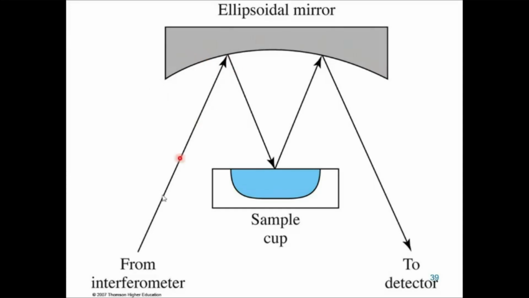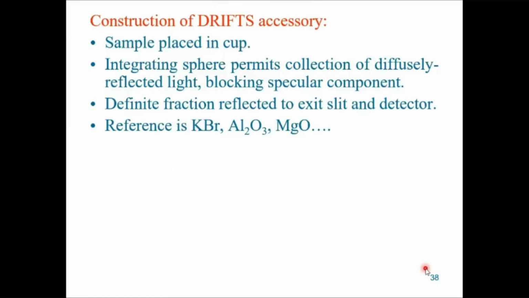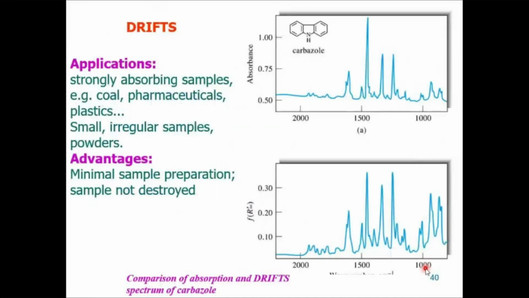So when light from the interferometer comes here, it will go into the sample and get reflected in all directions. But because of this ellipsoid mirror, it will get focused to the detector. Applications of DRIFTS: it is useful for very strongly absorbing samples like coal, pharmaceuticals, plastics, small irregular samples, and also powders. What is the advantage? Minimal sample penetration and the sample is not destroyed.